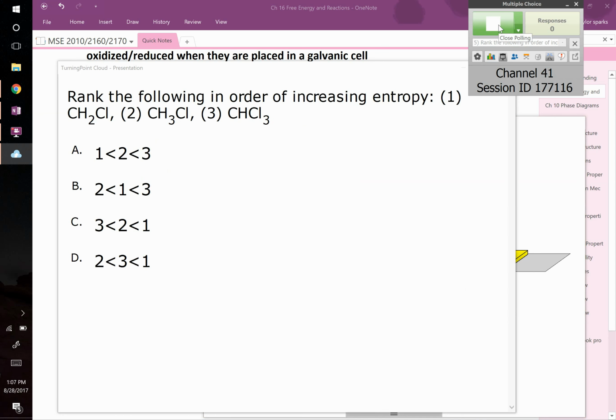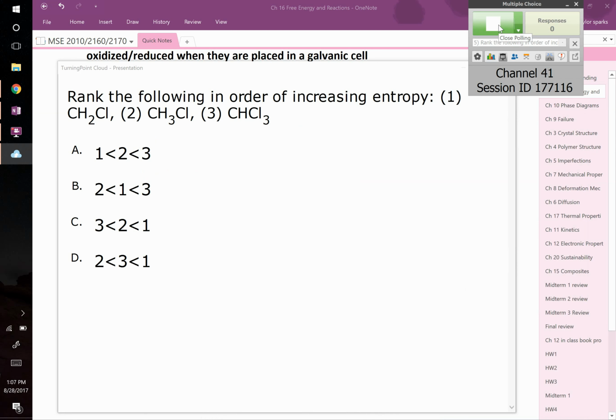Okay, and then this last one, we're going to rank the following compounds in terms of increasing entropy. CH2Cl, CH3Cl, or CHCl3. Which one has the most entropy? You'll notice that in all of these cases, the molecule is one carbon bonded to three other things. Oh, I messed up somewhere. That's supposed to be Cl2, I think. Yeah, I'm sorry about that. That first one's supposed to be CH2Cl2.